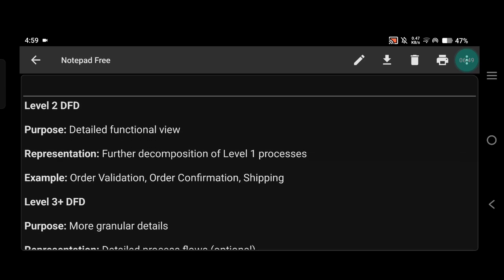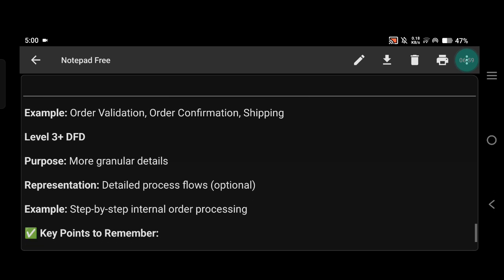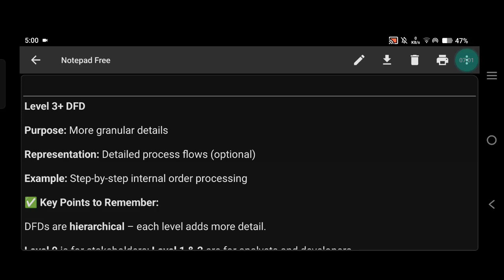Level 2 DFD: purpose, detailed functional view; representation, further decomposition of level 1 processes; example, order validation, order confirmation, shipping. Level 3 DFD: purpose, more granular details; representation, detailed process flows, optional; example, step by step internal order processing.